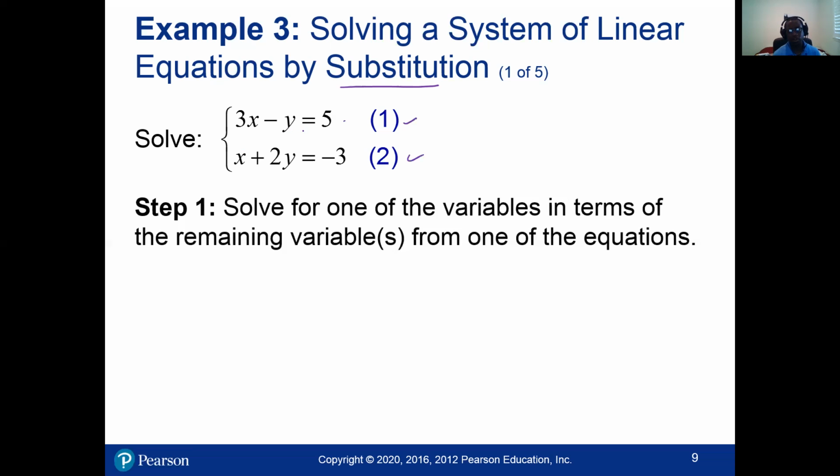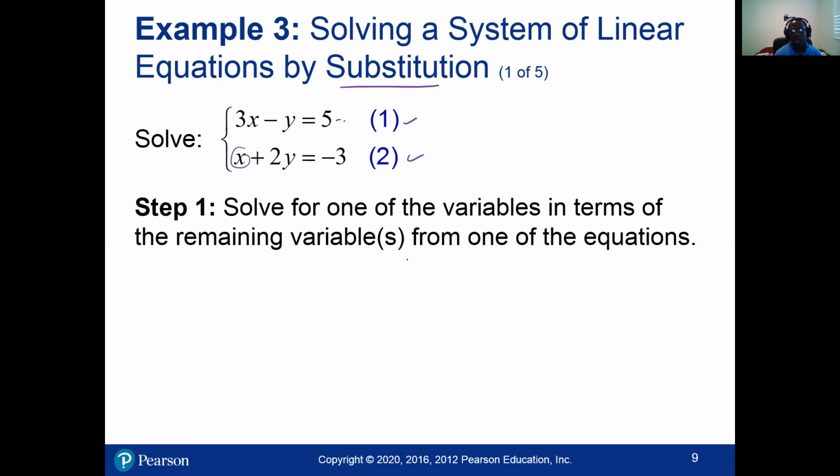For example, from equation 1, I can solve for y. In equation 2, I can solve for x, so that x is equal to -3 minus 2y, and I wouldn't have to get involved in fractions.